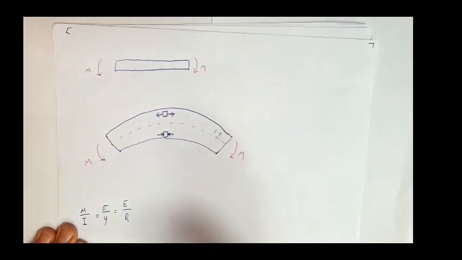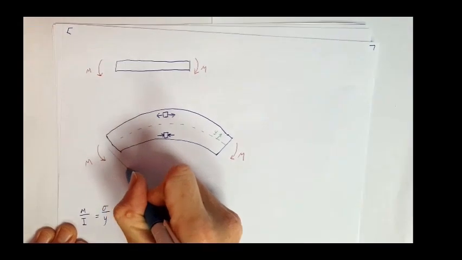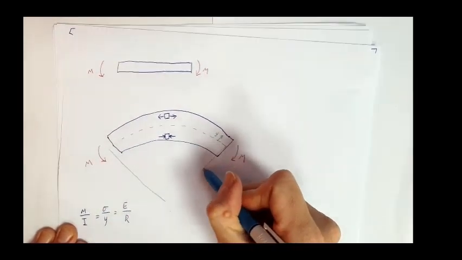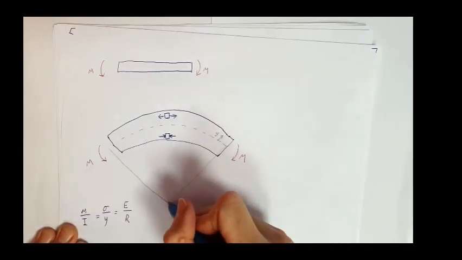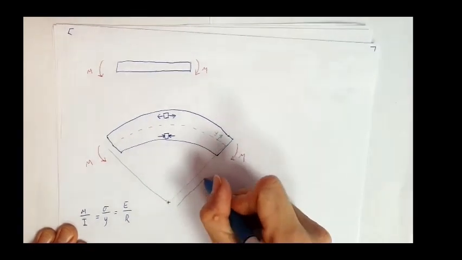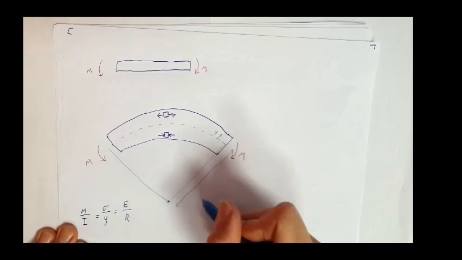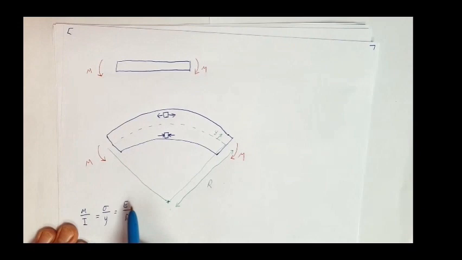So what is the radius of curvature as I've drawn it here? Well, if we were to consider this beam here, the centre of curvature would be about there, and the radius of curvature is from that centre to the neutral axis. Okay, so that's R.